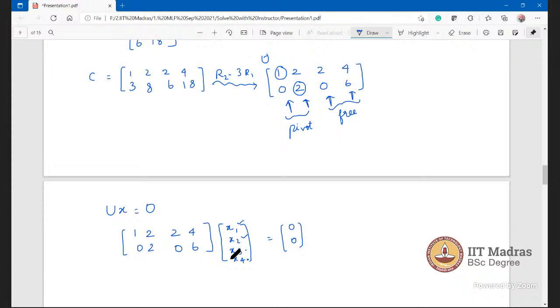So how do we choose this X3 and X4? Sorry, I made a mistake. Here it's 16, right? So 8 times 2 is 16, right? So here also we will get a 4.